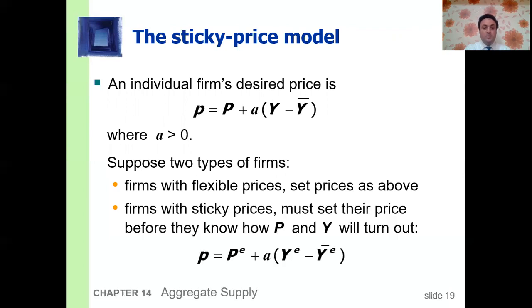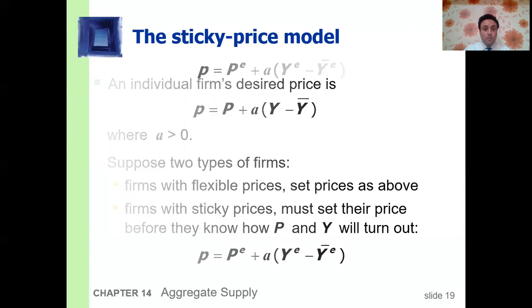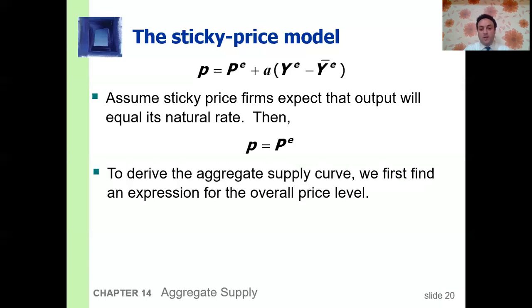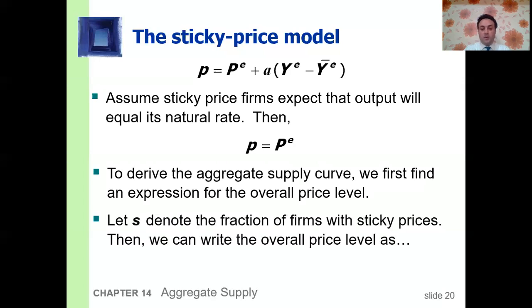Firms with sticky prices must set their price before they know how the actual price and the output will turn out. So assume sticky price firms expect that output will equal its natural rate, then the price will be equal to the expected price. To derive the aggregate supply curve, we first find an expression for the overall price level.